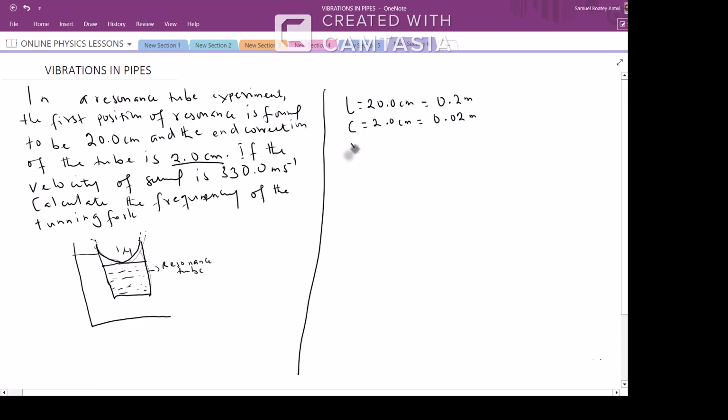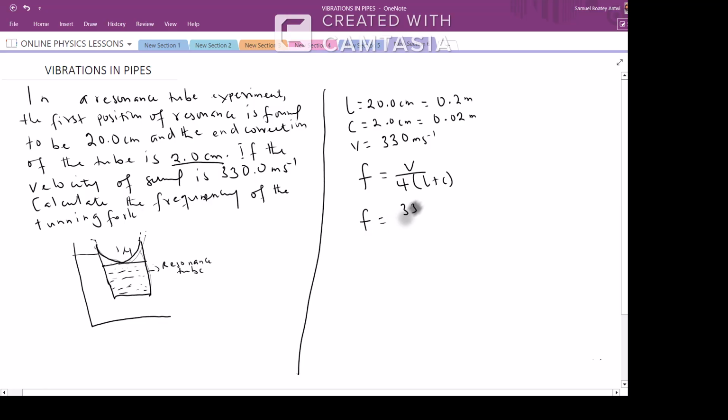Now our velocity is 330 meters per second. Because we are taking into account end correction, our fundamental frequency equation looks like this: F equals V over 4, open the bracket, L plus C, close the bracket. We just fix in our values and we are good to go.